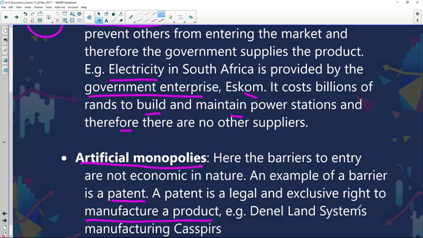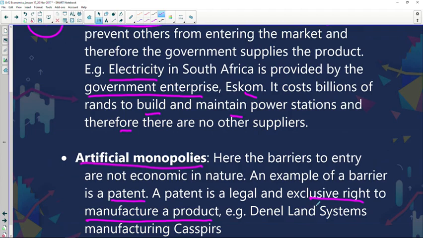This already excludes other new entrants from entering the market, because that particular firm has been given exclusive rights to manufacture a product, and therefore you can't have substitutes, because they need the legal rights in order to manufacture those products.